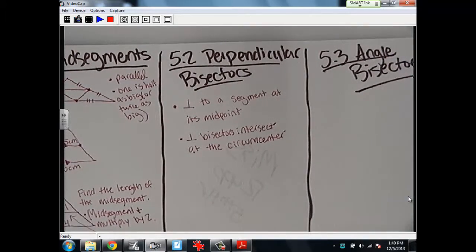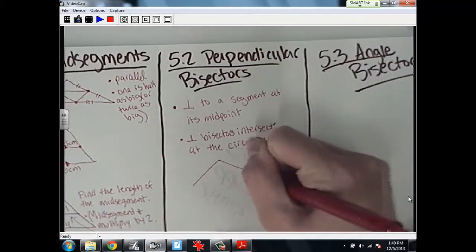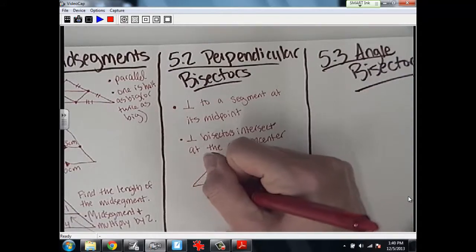Perpendicular bisectors intersect at the circumcenter. On your folder. Perpendicular bisectors intersect at the circumcenter. Say what? Let me show you. Sketch yourself a triangle.